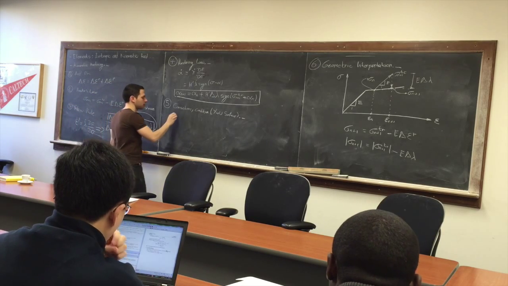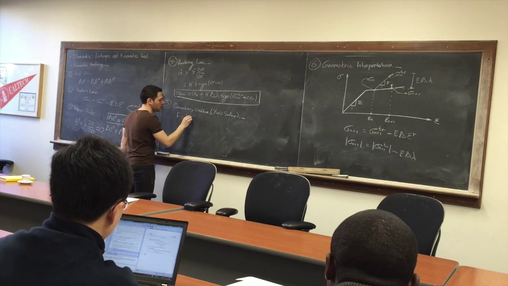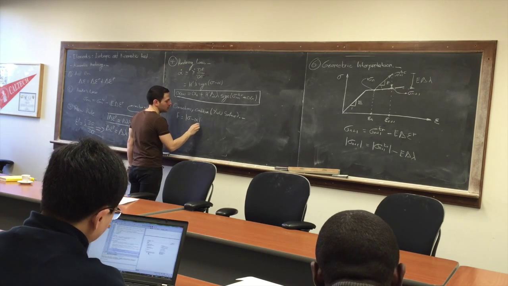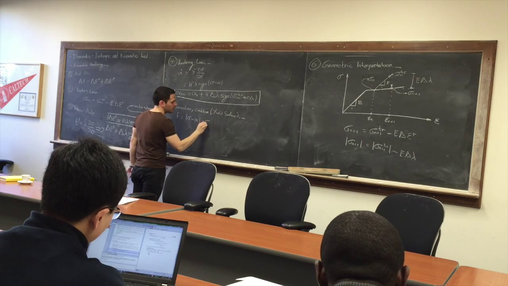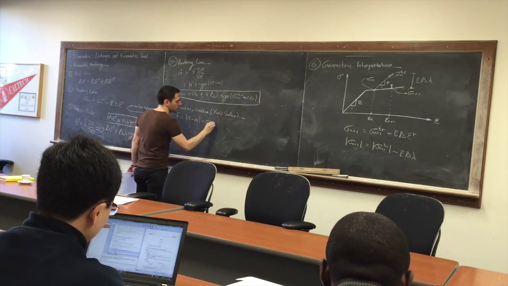So in this case, the original yield surface is the absolute value of sigma minus alpha minus sigma y naught. Since we're at plasticity, this is equal to 0.